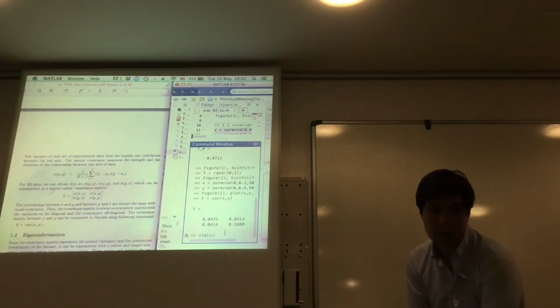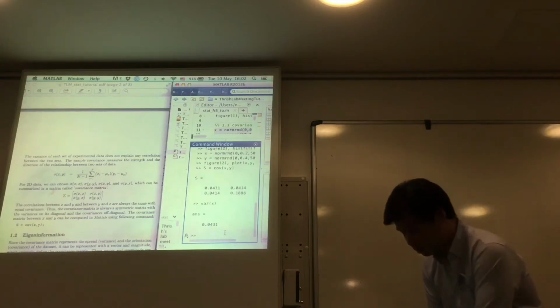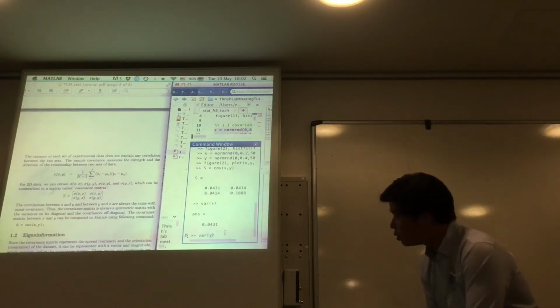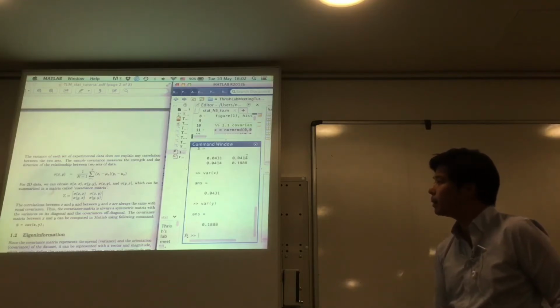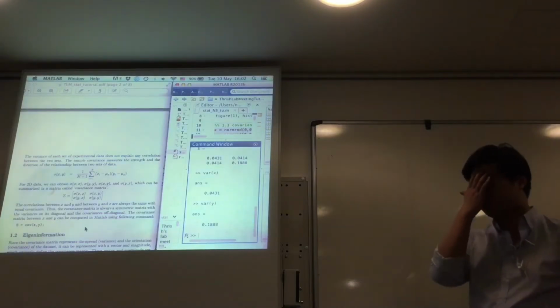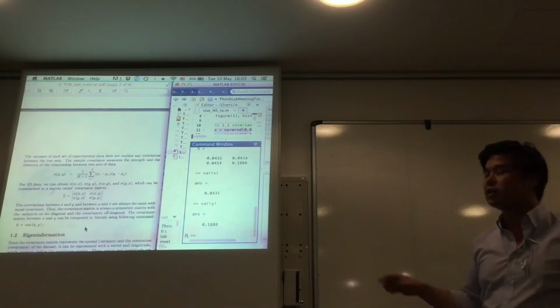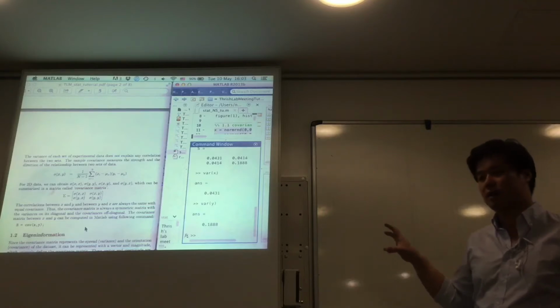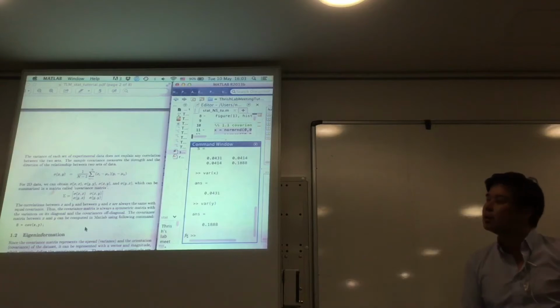Not VAR, STD. Yep, and here's the covariance. So we have a covariance matrix now, which stores information of the variation of our data.